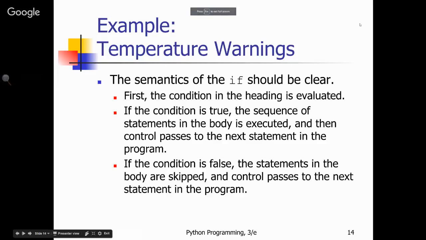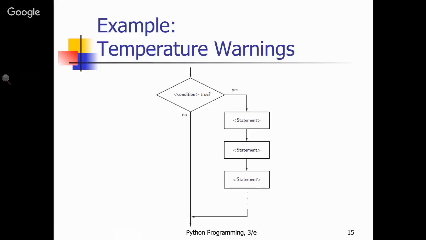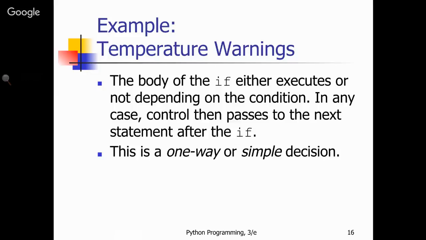And then if the condition is false, the body is simply skipped, and you will continue to the next line, right? So if none of the conditions were true, it will just go to the next line after the if statement. And again, you can have multiple statements or one, depending on the nature of the program.